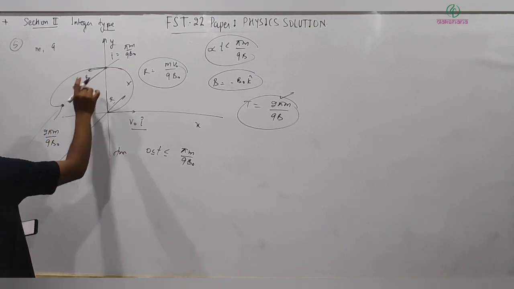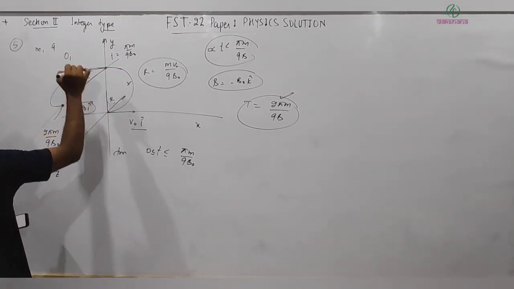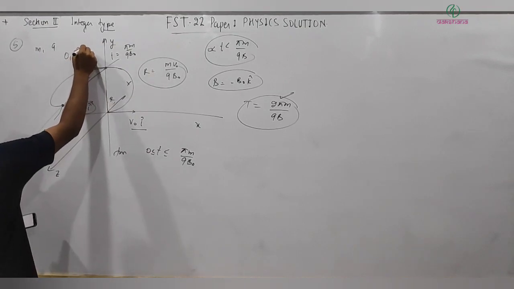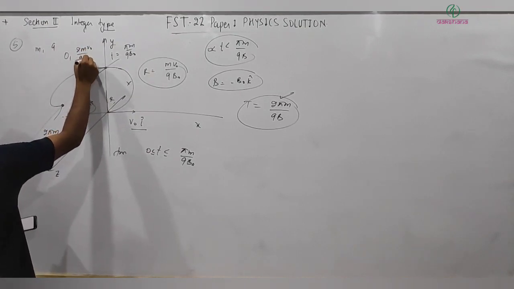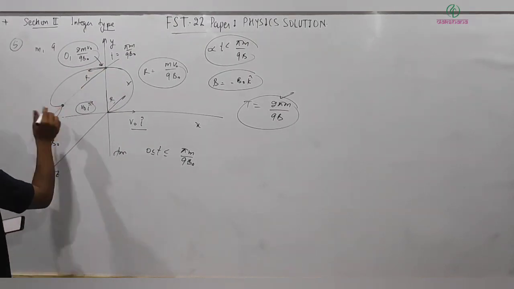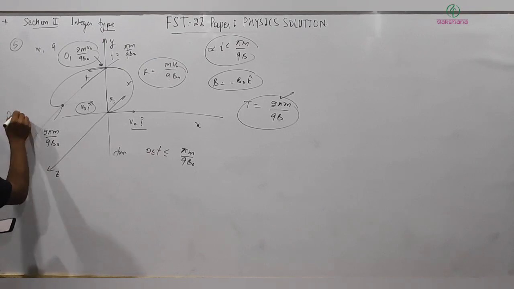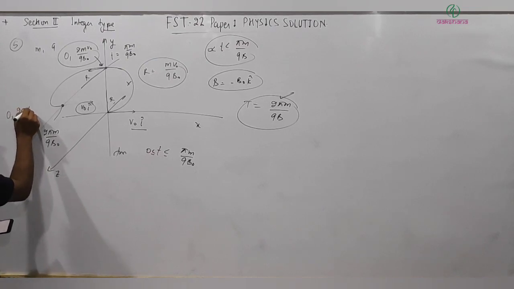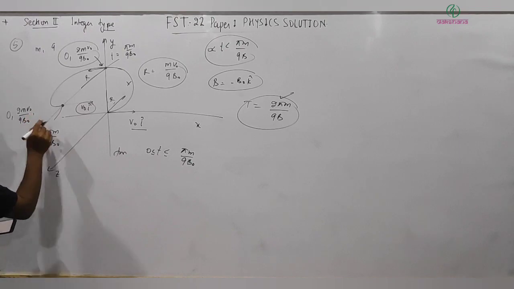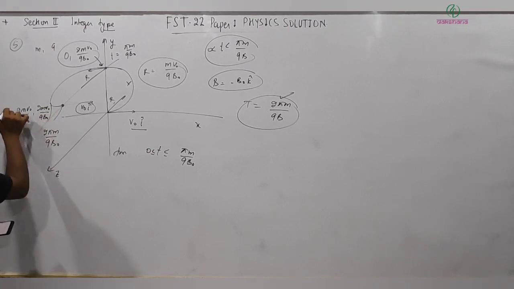Here we can understand the coordinates: 0 comma 2r, so 2 m v naught by q b naught will be the coordinate of this point. For this point, the x coordinate will be 0, the y coordinate 2 m v naught by q b naught, and there will be a z coordinate also, so this is 2 m v naught by q b naught, the z coordinate.